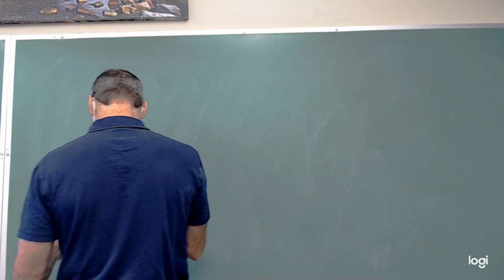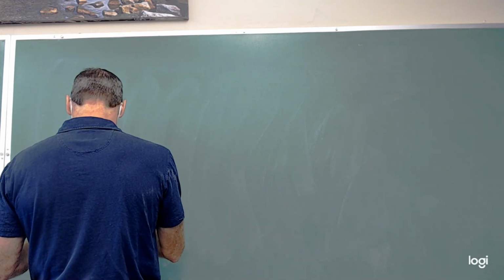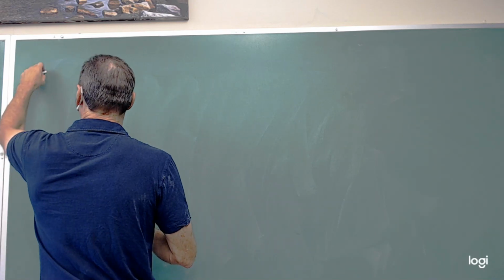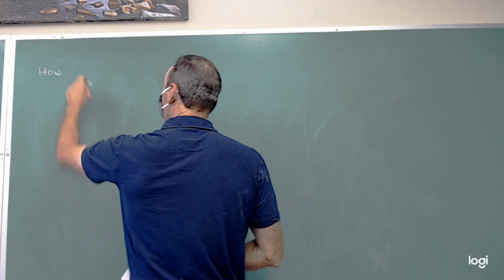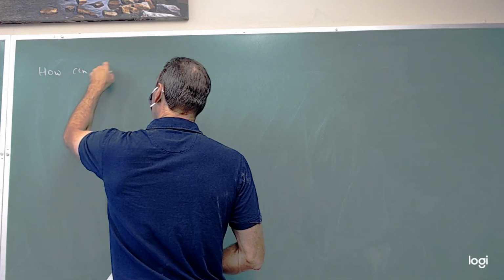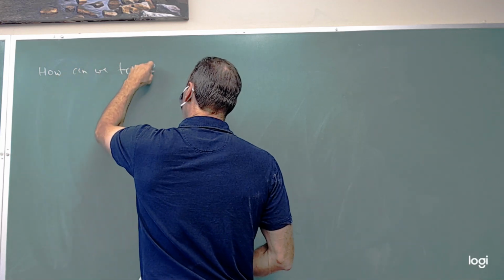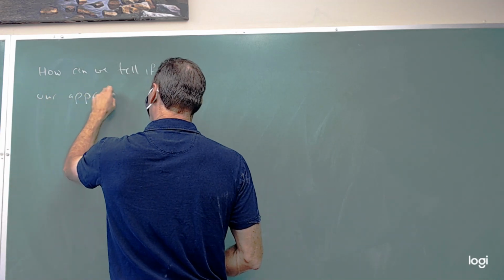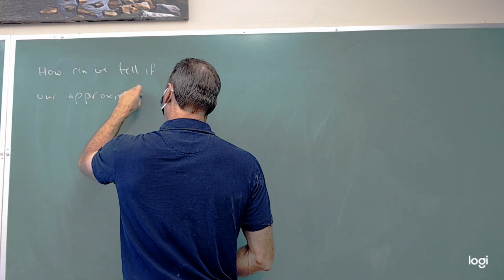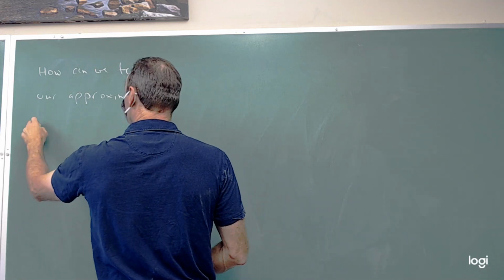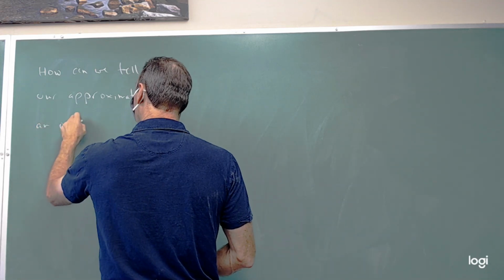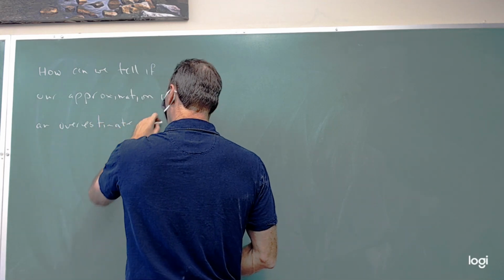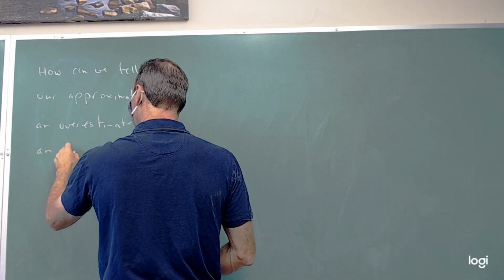Okay, so before I do that, let me talk a little bit, I neglected to mention this. How can we tell if our approximation is an overestimate or an underestimate?